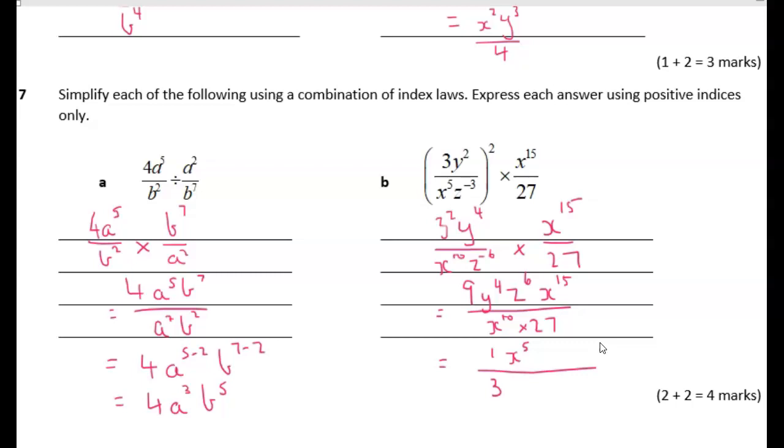And then we've got y to the power of 4, and then z to the power of 6. Now, you don't need to have that 1 there, so I might just rewrite it because some students will question me why it's there. So we've got x^5 y^4 z^6, all over 3.